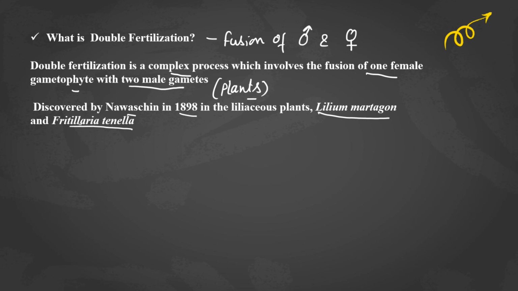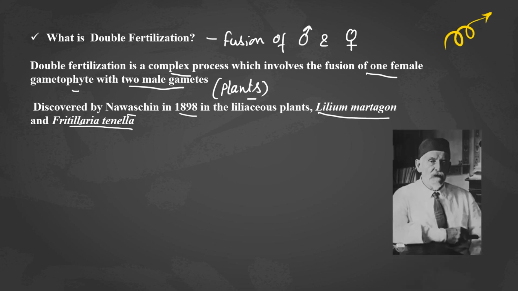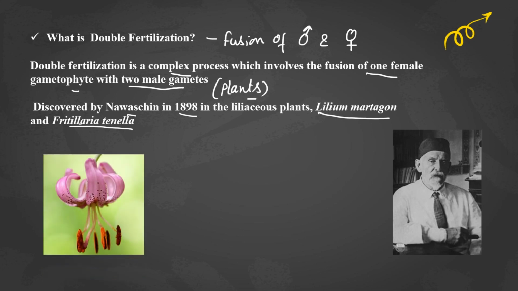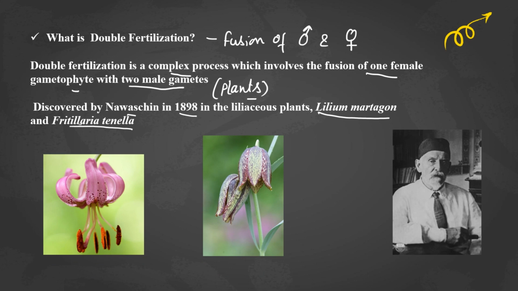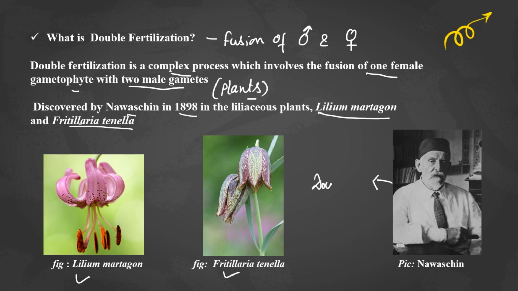This is how the plants look, this is the scientist Navaschin, this is our Lilium martagon, and here our Fritillaria tenella. The biologist Navaschin first discovered the process of double fertilization.